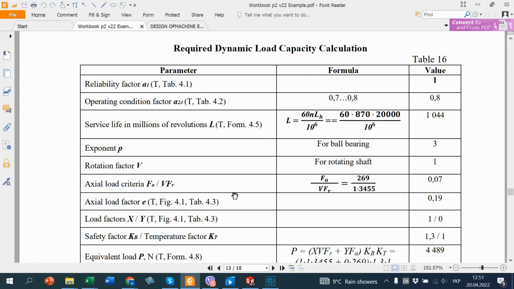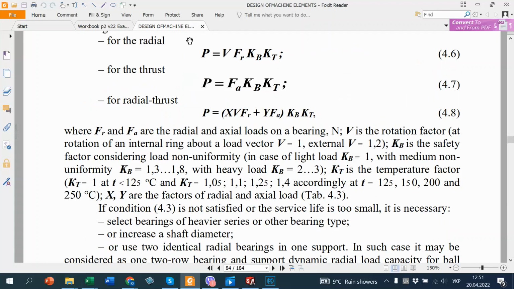Then KT. KT is a temperature factor. Up to 125 degrees centigrade it is 1. In our mechanism, we use mineral oil, and mineral oil operating temperature should be 80-90 degrees centigrade.